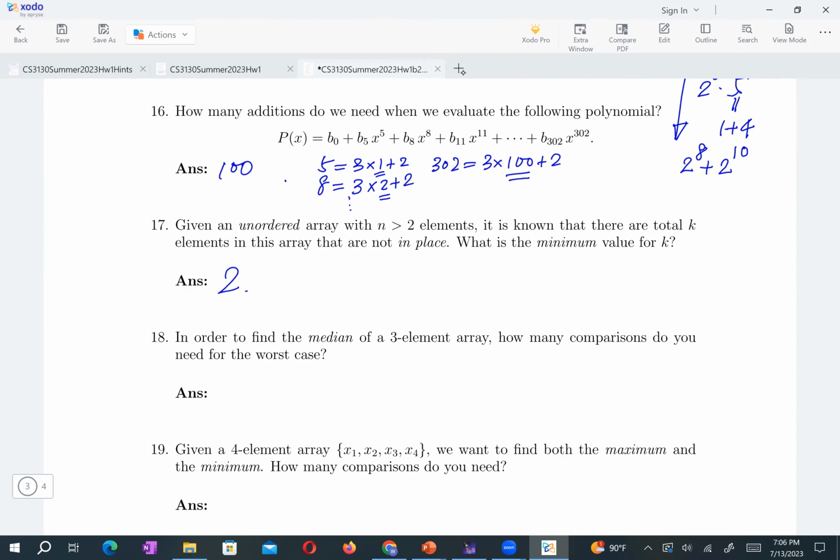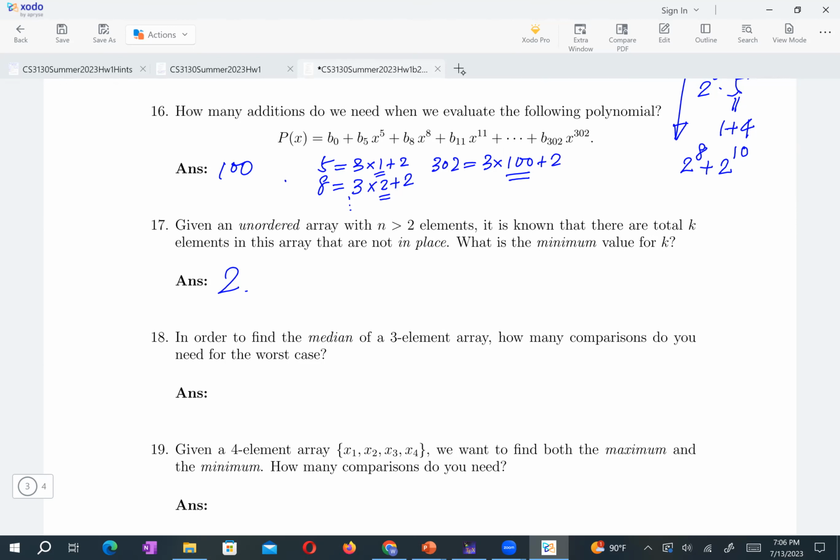But I noticed one problem when I grade one problem. Some students create some special examples.